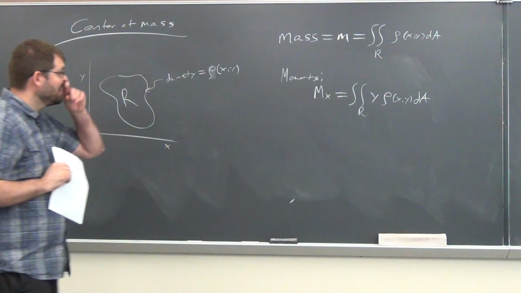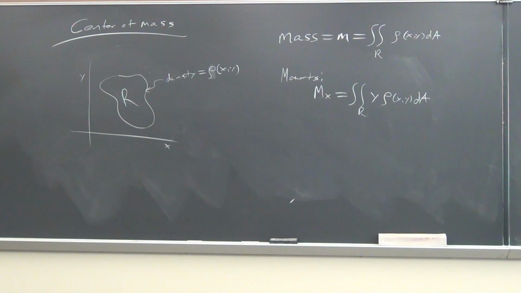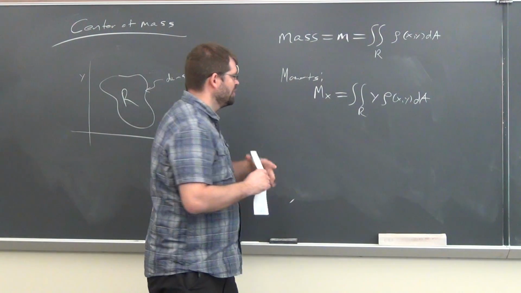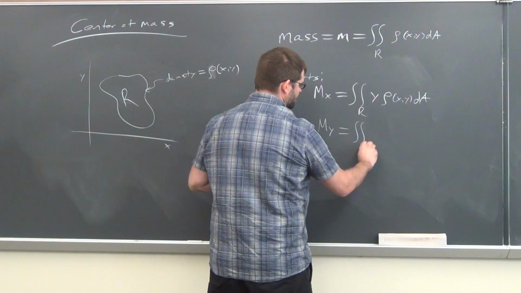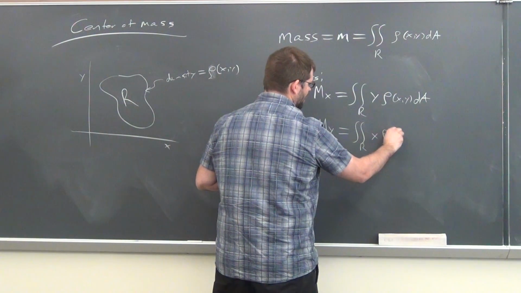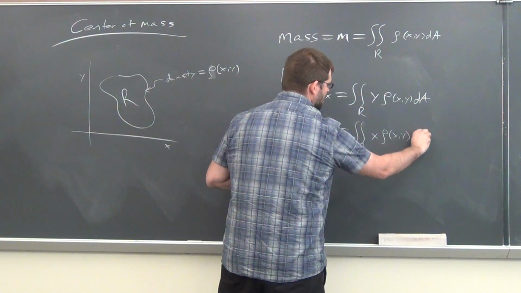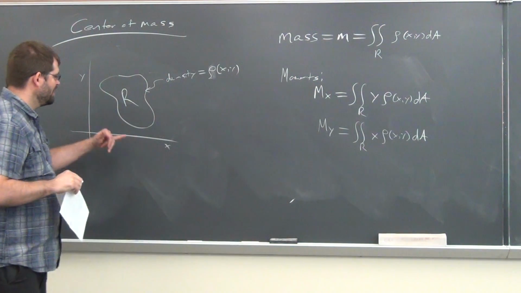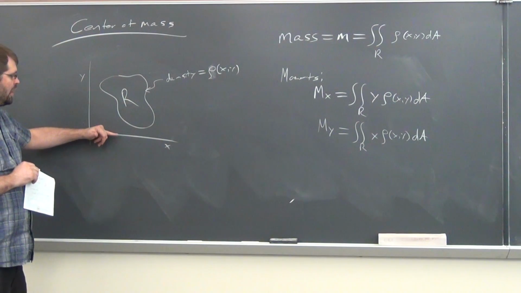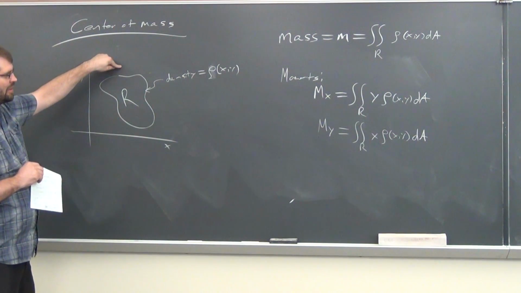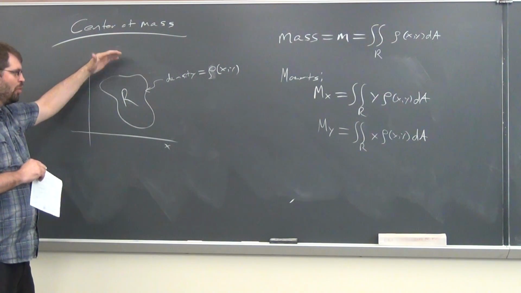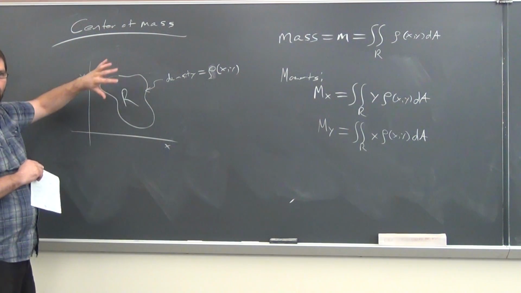Okay, so the moment m sub x is measuring sort of the tendency to rotate around the axis that's given. And so you can do this for other lines, but we'll just stick with the x-axis and the y-axis. Maybe we'll say a little bit more when we get to the 3D case, but the idea is that if you put a bunch of weight further away from the x-axis, that's going to have more of a rotational tendency around the x-axis, right?